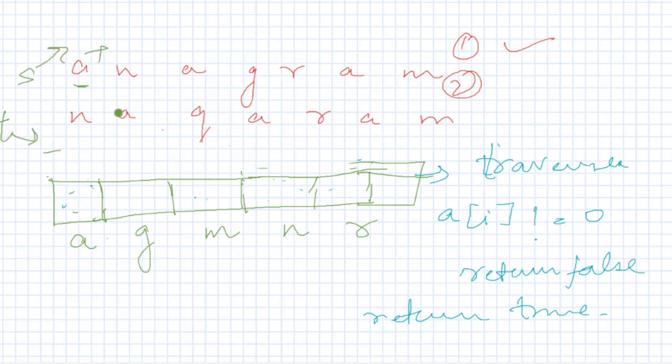Initially all are 0. So for A, make it 1. For N, decrement it, so it's -1. Again N increment, so -1 became 0. A decrement became 0. Again A increment and G decrement. G will increment, A will decrement. Then R increment and decrement at the same time, so it's 0. A again, and M again, increment and decrement at the same time. That's how you can see each and every entry is 0, and it's working fine.